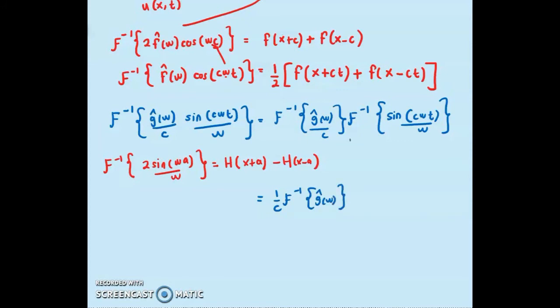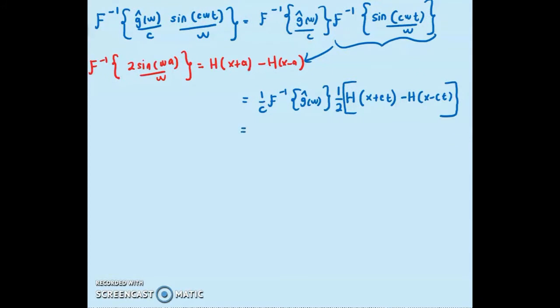For this whole thing, by referring to this, my a will be ct, and I have a half, so I have half h of x plus ct minus h of x minus ct.